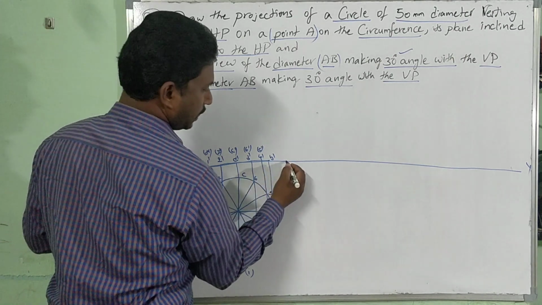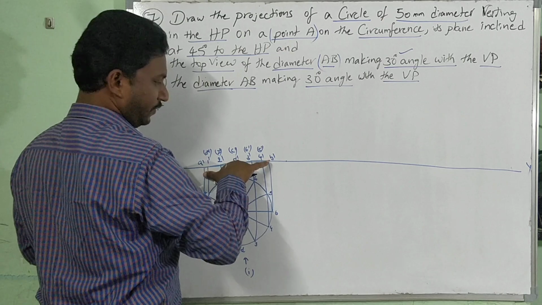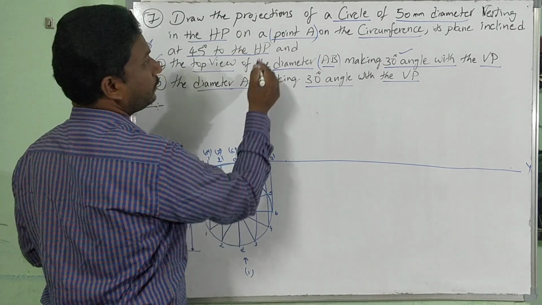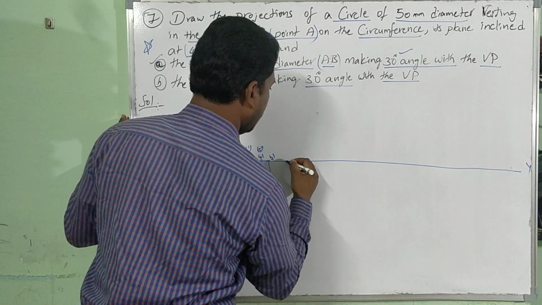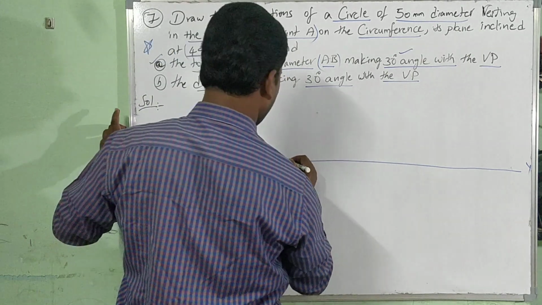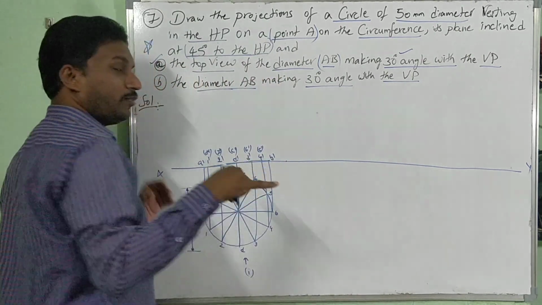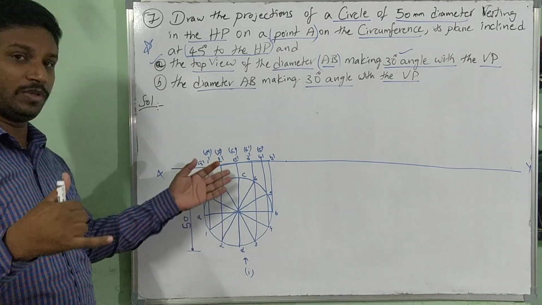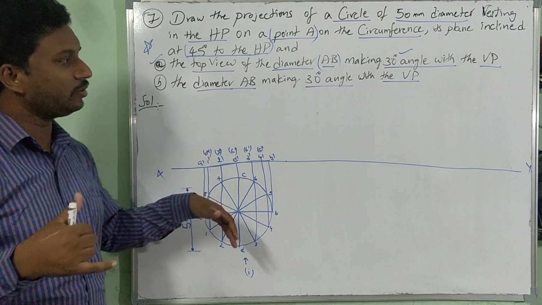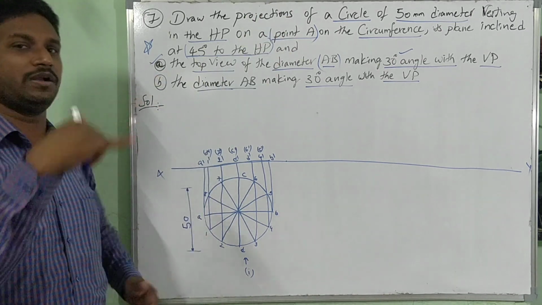Now, taking another point here, 50 mm length, you know, at what angle? 45 degrees to HP. Draw a line of 50 mm because you know this length. In some previous problems where you don't know the exact length which comes from the projection of the top view, you have drawn some length and marked it with the help of a compass.